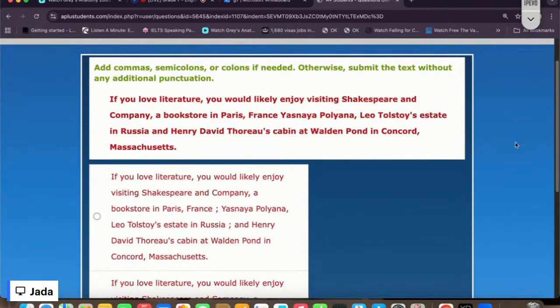If you like literature, you would likely enjoy revisiting Shakespeare and Company, a bookstore in Paris, France, at Walden Pond in Concord, Massachusetts.